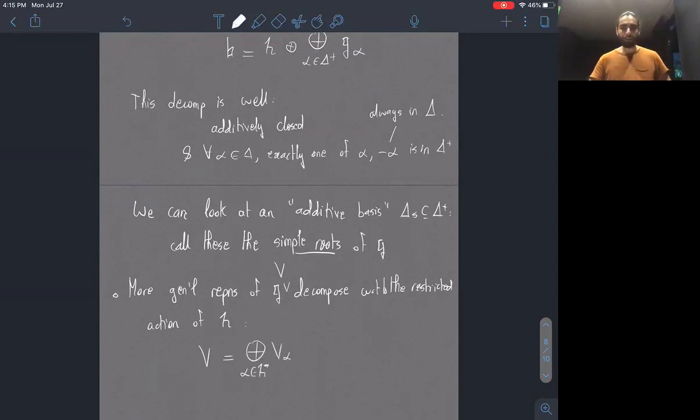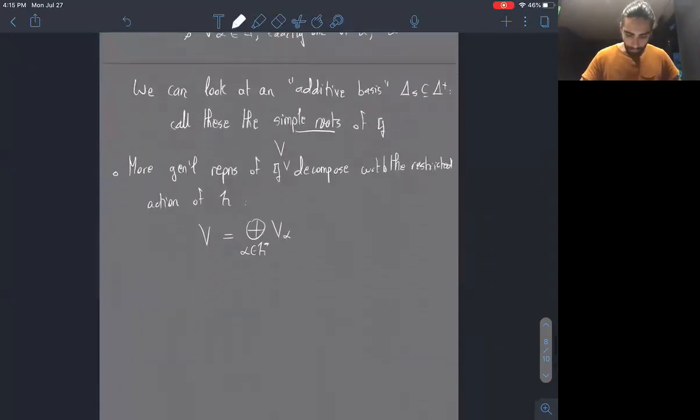The V alphas are defined as before as generalized eigenspaces with respect to a functional alpha.